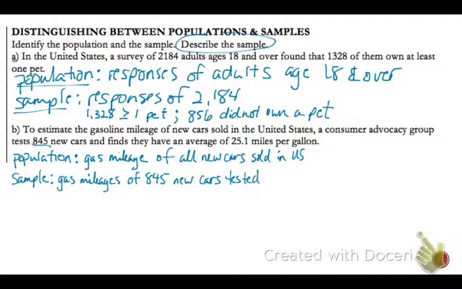Now, if we describe that, what happened is that of those 845 new cars tested, they had an average of 25.1 miles per gallon.